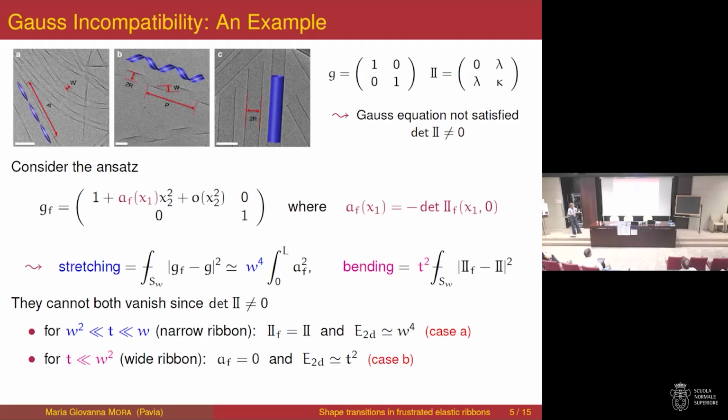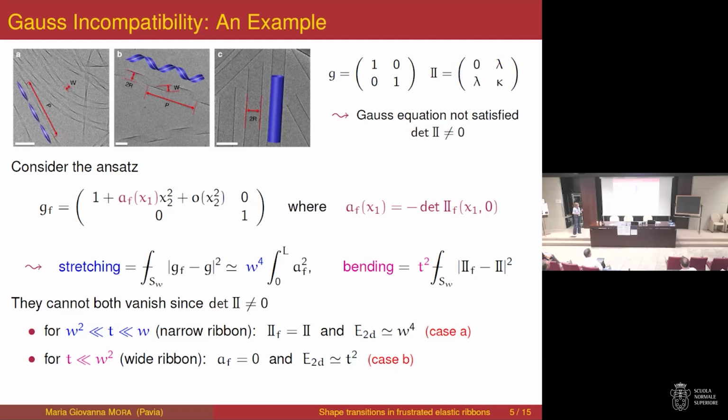While for t much smaller than w squared, it's convenient to achieve the target metric so that the energy is pure bending and it's of order t squared. And so what we see here is a shape transition when t is of order w squared. And the transition, somehow, we see it in these different geometric conditions.